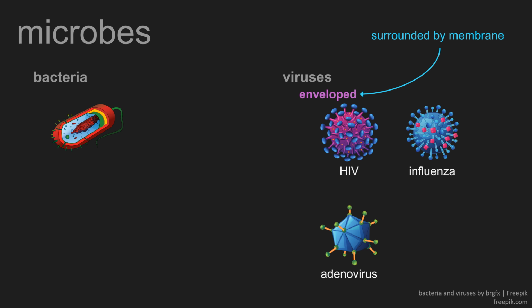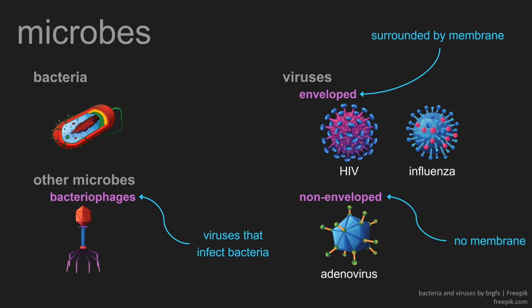Viruses are either wrapped in a membrane, these are called enveloped viruses, or they're naked, without a membrane, these are called non-enveloped viruses. Generally speaking, enveloped viruses are easier to kill. SARS-CoV-2, the coronavirus that causes COVID-19, is an enveloped virus.